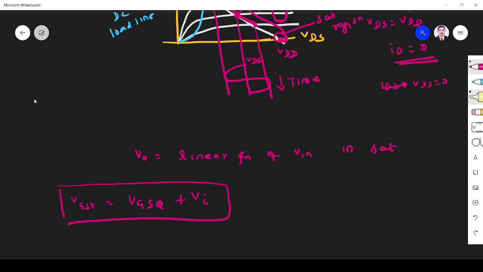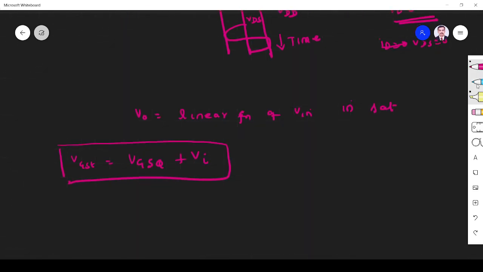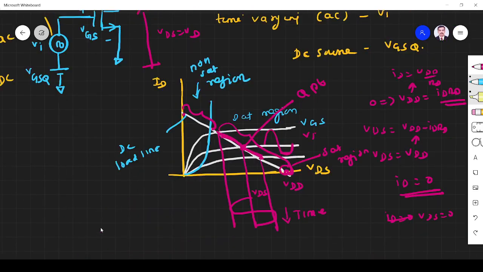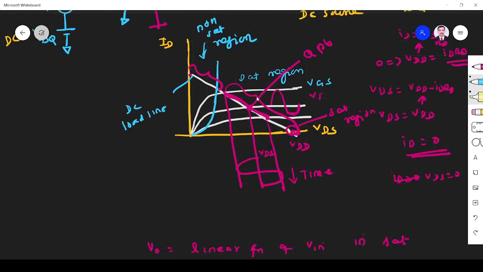When VGS increases, ID will increase, because ID is equal to K into (VGS minus VT) squared. Whether it is the linear region or triode region, ID is proportional to VGS. That is obvious in the curve also: more VGS, more ID.